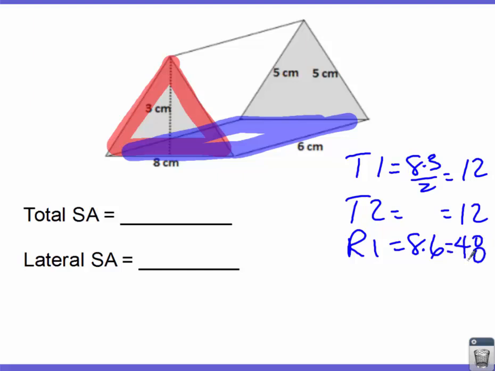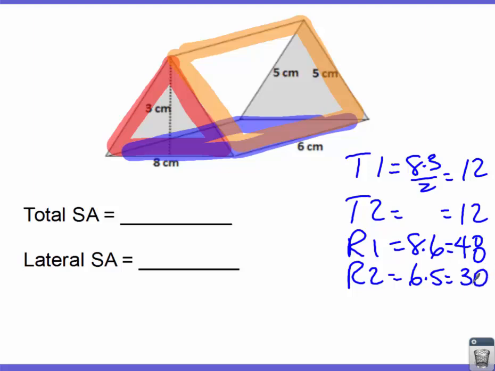Now let's look at another rectangle. That rectangle, rectangle 2, is a 6 by 5. So 6 by 5 gives me 30. And now we look at this other rectangle over here on the other side. The other rectangle is back here.